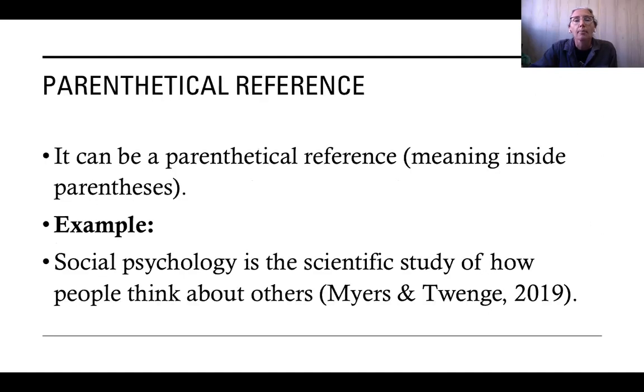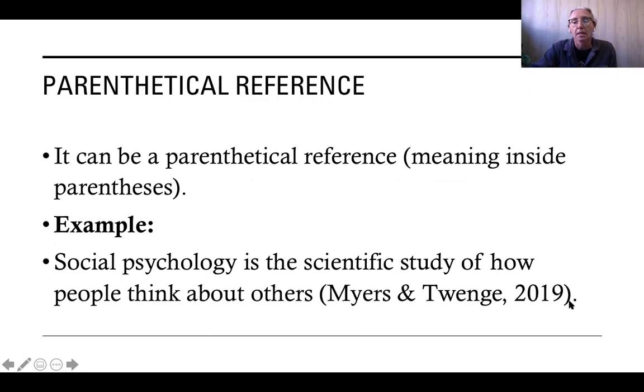So let's talk about parenthetical references, or references inside of parentheses. When we're referencing in our writing, we can use a parenthetical reference, meaning inside parentheses. So for example, social psychology is the scientific study of how people think about others. Here's our parenthetical reference for where I learned that information: author, the ampersand, the other author, comma, space, the date of publication.